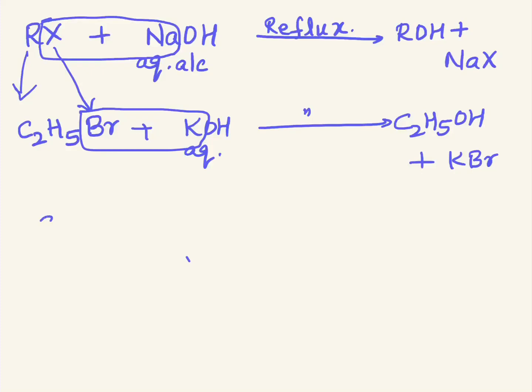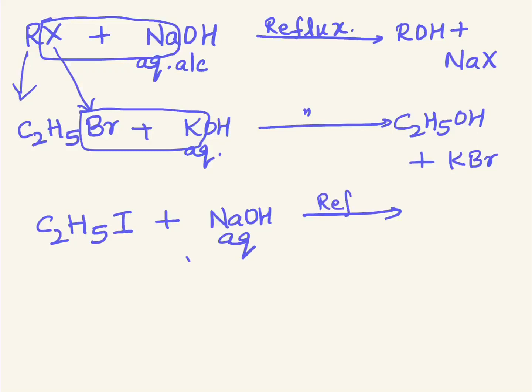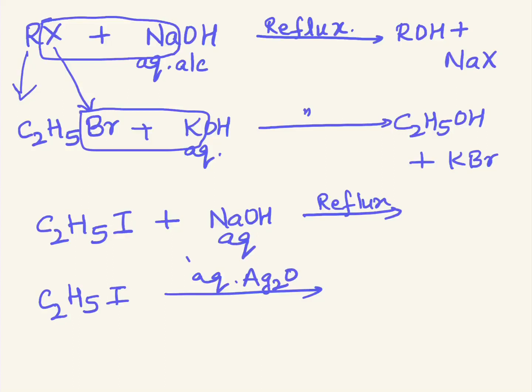Go ahead. So if we have C2H5I plus NaOH aqueous, reflux, don't forget the conditions, write the product. If you notice in the reaction, I had also written that aqueous silver oxide also gives you the same reaction.